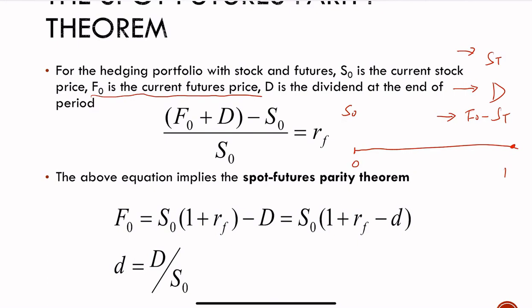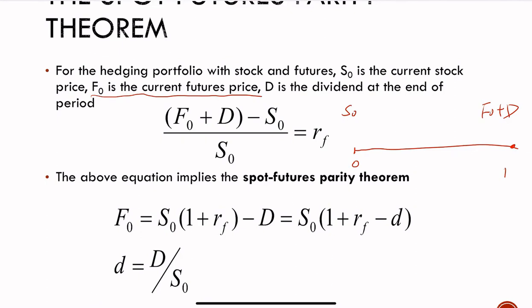So if you add up these 3 components, what you can see here is ST would just cancel out. So on the final day, your portfolio's value would be F0 plus D. So you can see that at the end of the period, your portfolio's value is independent of the share price on that day.